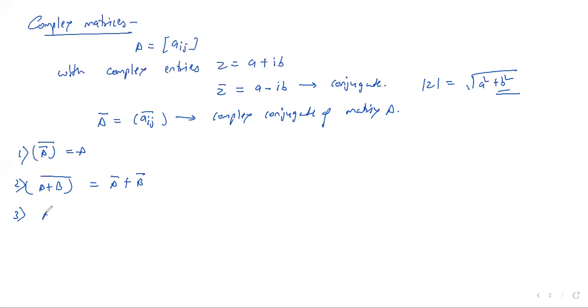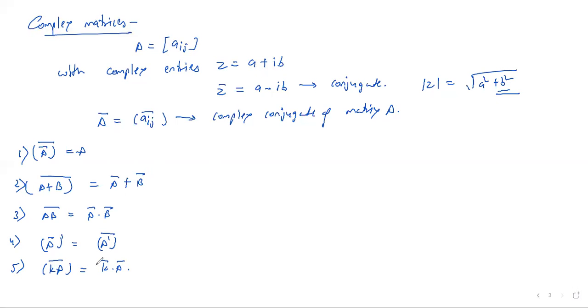Third, AB's conjugate is equal to A conjugate into B conjugate. Fourth, A conjugate transpose equals A transpose conjugate. And fifth, for a scalar K, the conjugate of KA is K conjugate into A conjugate.